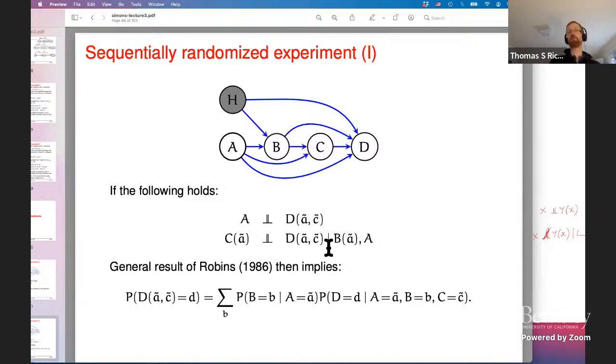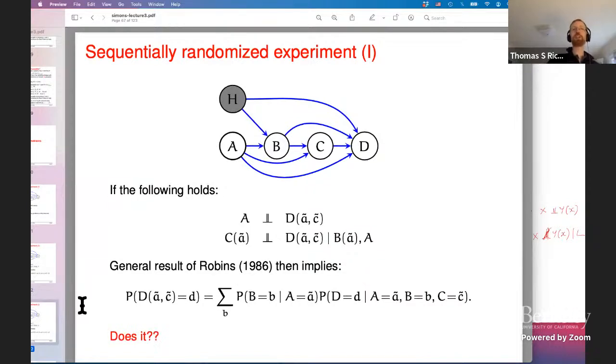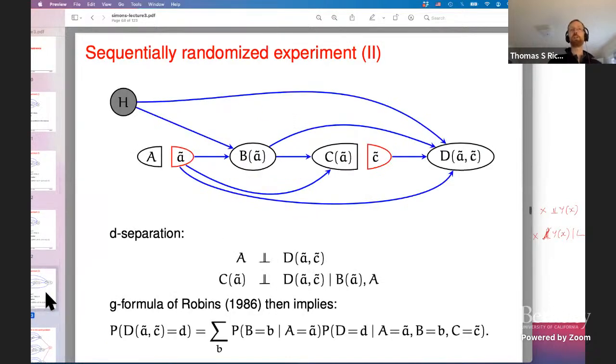But for now, just suppose that you had your friendly epidemiologist who said, I learned in Epi 101 that we can solve this problem if these independencies hold, but somehow they skipped the lectures on SWIGs in Epi 101. So the question is, do these independencies hold? Well, we can just split, and we can then read off that A is independent of A. Obviously A doesn't have any nodes into it, so obviously this is d-separated from this.